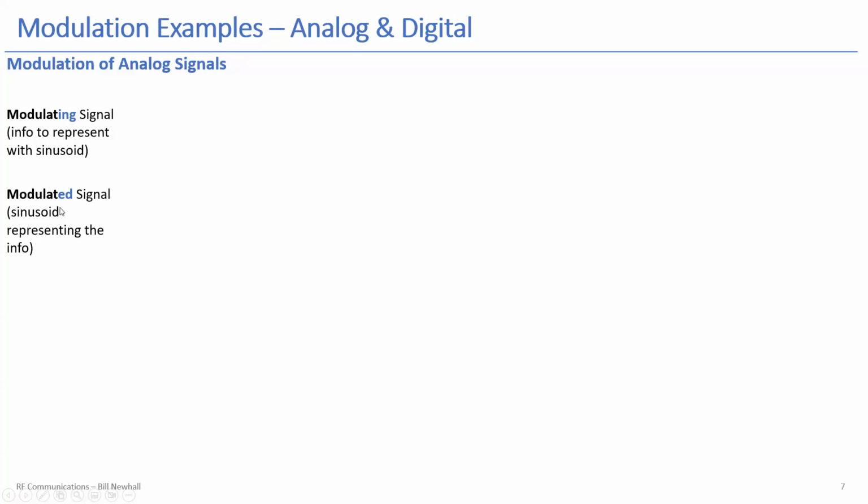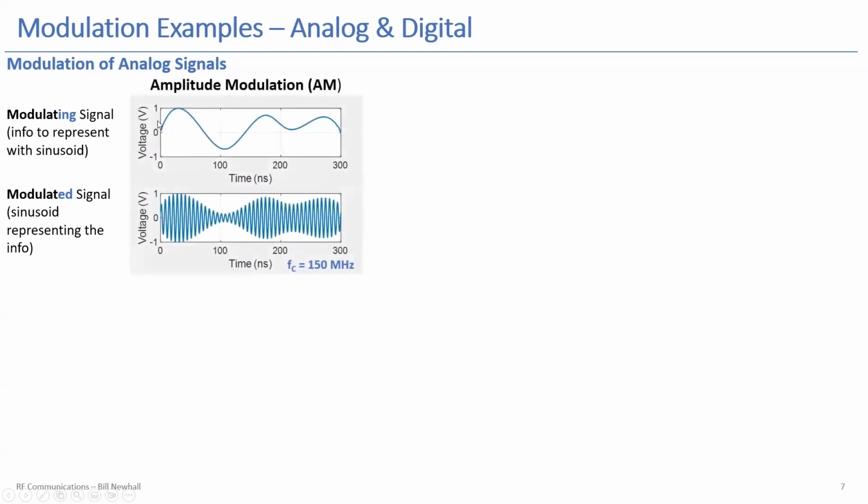So for AM, let's imagine you have a voltage versus time that looks like this. It might be a small snippet of a voice waveform, music waveform, something like that. What you're doing with this waveform, typically with AM, is changing the amplitude of the sinusoid.